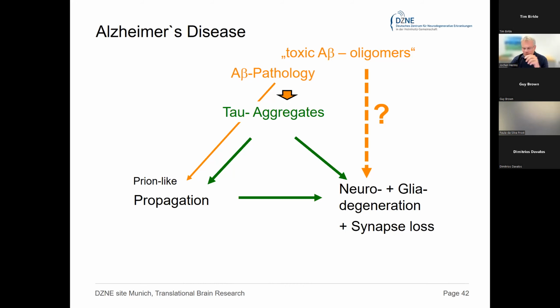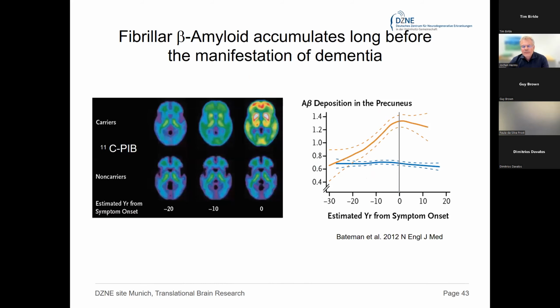And I have problems believing this because if you go back to these findings here, the brain can develop lots of amyloid plaques without any kind of cognitive change. So the toxic effect of A-beta oligomers in vitro, I have difficulties believing that this is really something that occurs in the human brain.